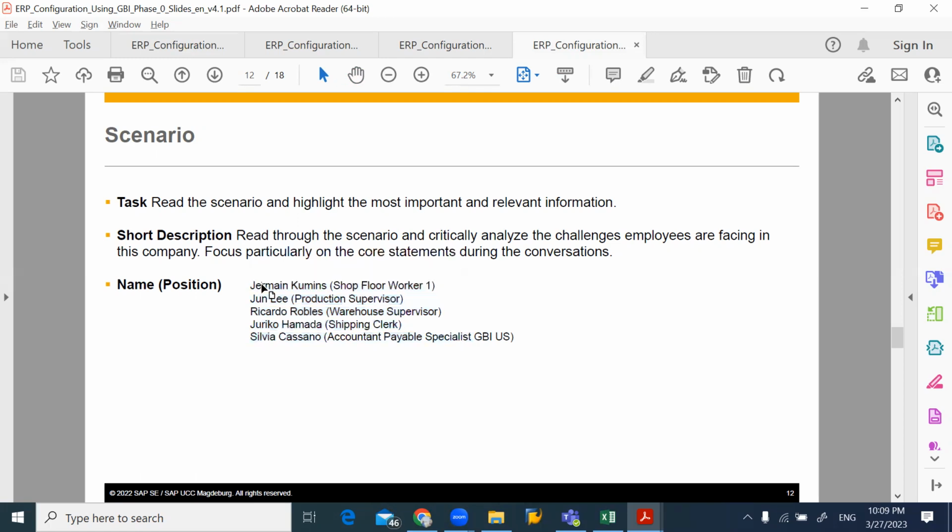From that scenario, you will do the analysis and try to identify the problems. This is the whole task. Then we'll find possible solutions, how to fix those things, and implement those changes in the ERP system, so the company should not face those kinds of problems.